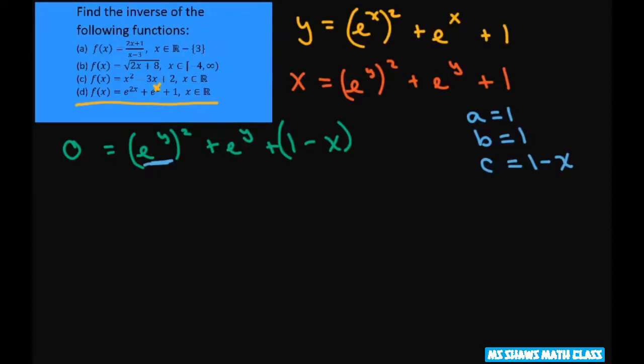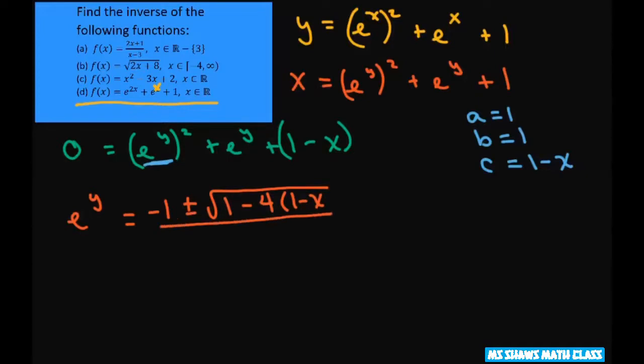So using our quadratic formula, we get e to the y power equals -1 plus or minus square root of 1 squared minus 4ac, divided by 2a. So this is e to the y power equals -1 plus or minus square root of 1 minus 4 plus 4x, divided by 2.